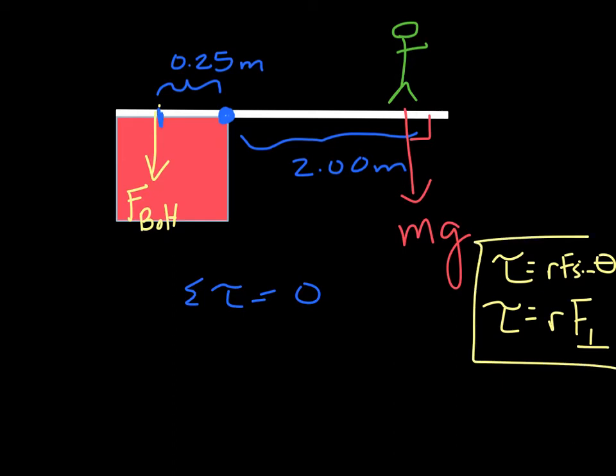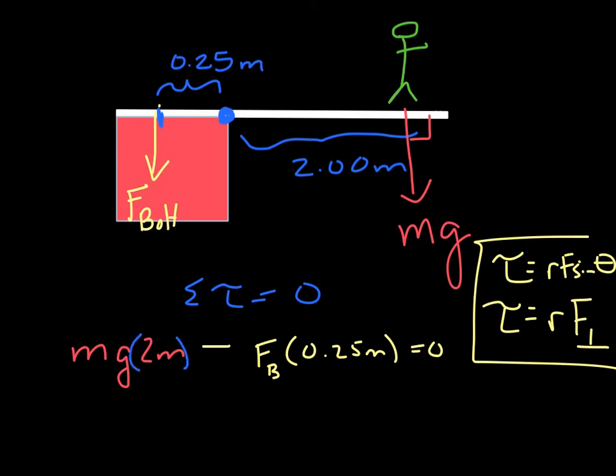So here, if we look at the diver, we have mg times 2 meters minus, and I'm putting this minus here because the diver will cause it to rotate this way, while this pulls this way and keeps it from spinning. So that is going to be force of the bolt times 0.25 meters equals 0.